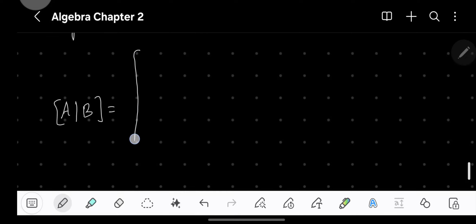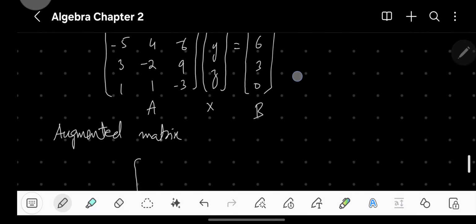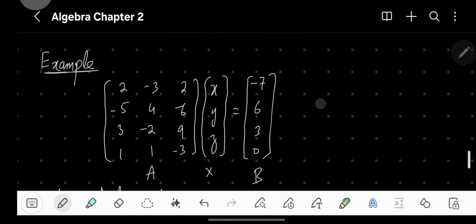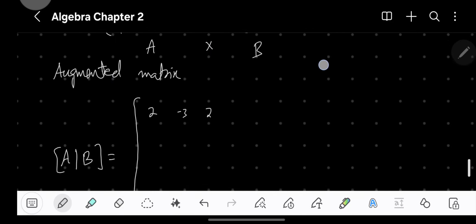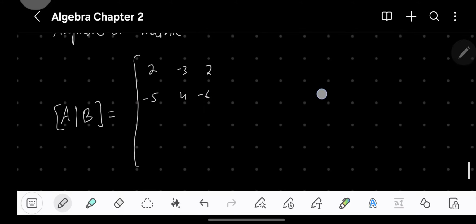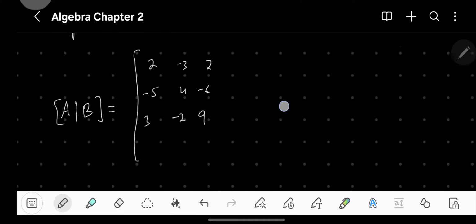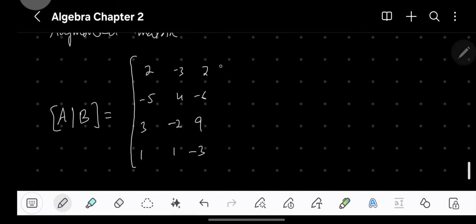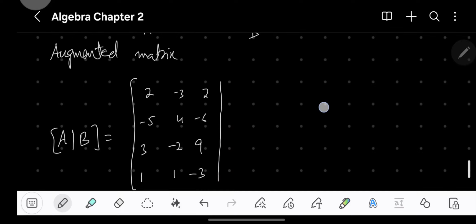So how do we write this matrix? 2, minus 3, 2, and then minus 4, 5, 4, minus 6, then 3, minus 2, 9, and then 1, 1, minus 3, and then I will make a line.